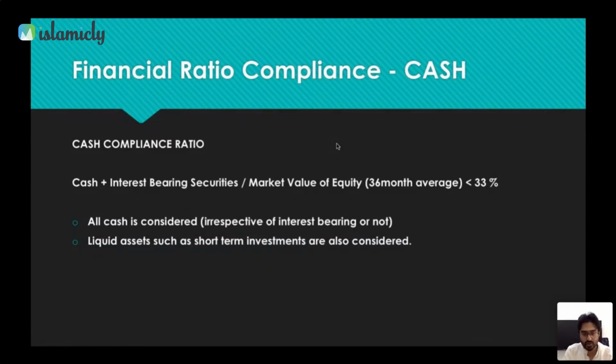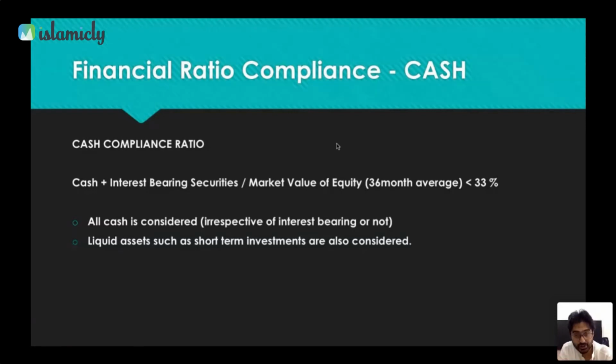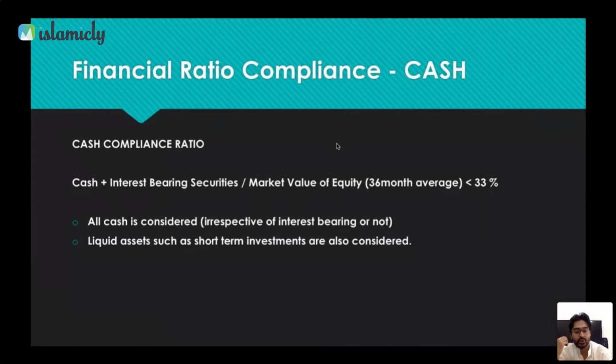If you breach this 33%, it's akin to having cash. That means a lot of your market capitalization is coming in from cash. Then the rules of Sarf, which is trading of gold or trading of cash or trading of currencies, are applicable, wherein only spot basis trading is allowed.